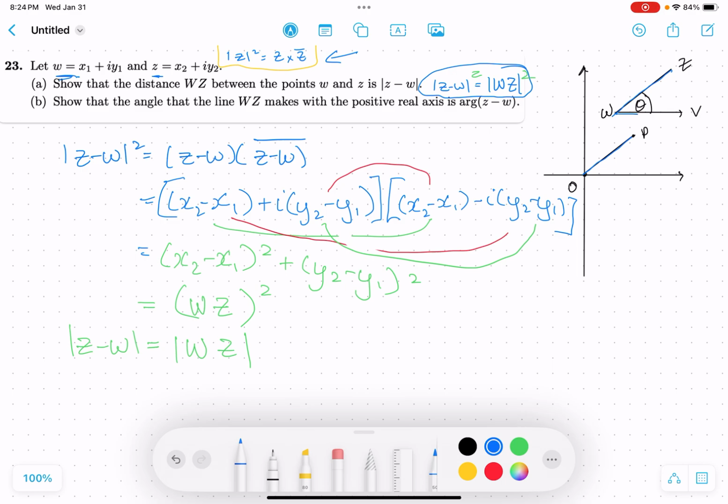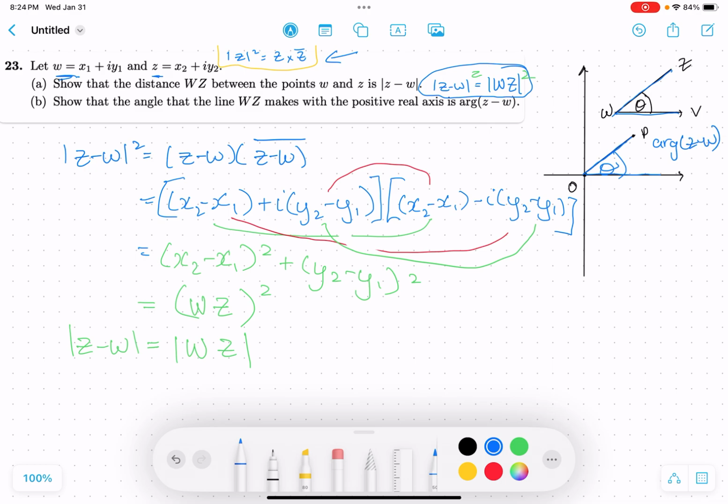So when we're asking what angle it makes with the horizontal, it's the same as that angle. So angle ZWV is going to be equal to angle POX. So we're finding that theta. We already know the angle is the argument of Z minus W, because this is the same.